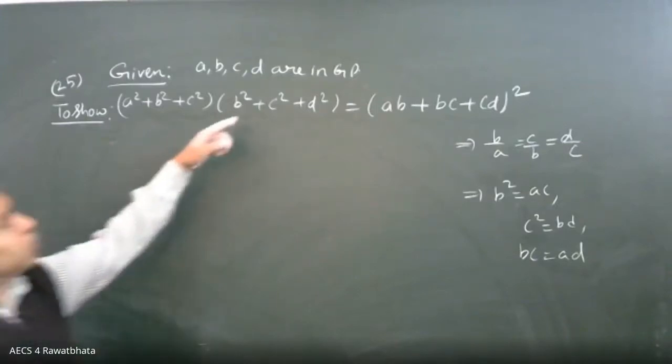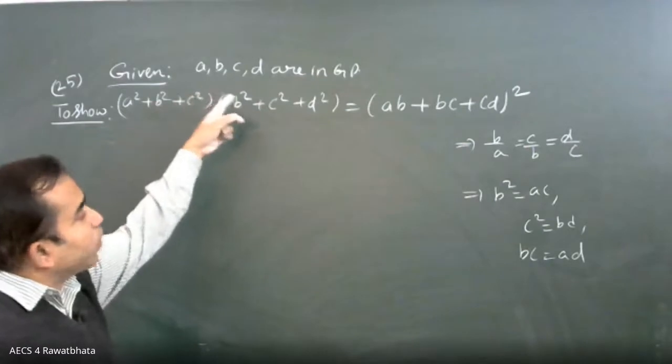That is, A, B, C, D are in GP, so let A is A, B is AR, C is AR square, D is AR cube.